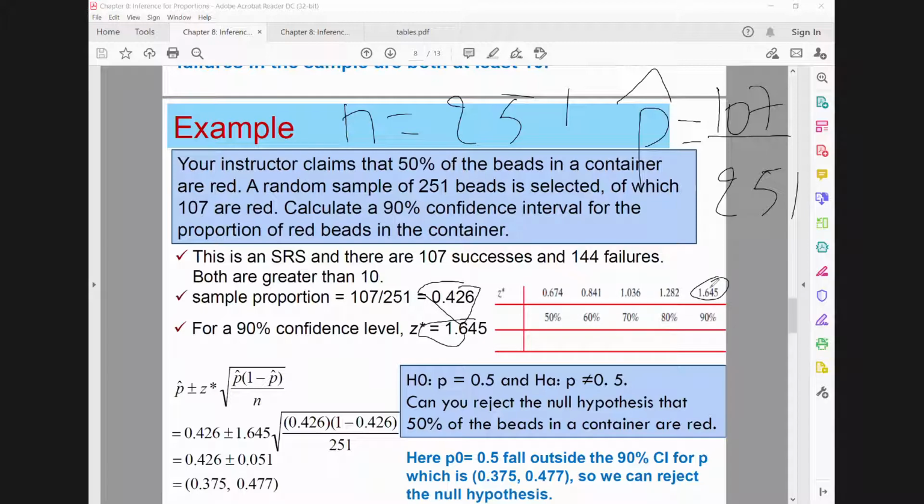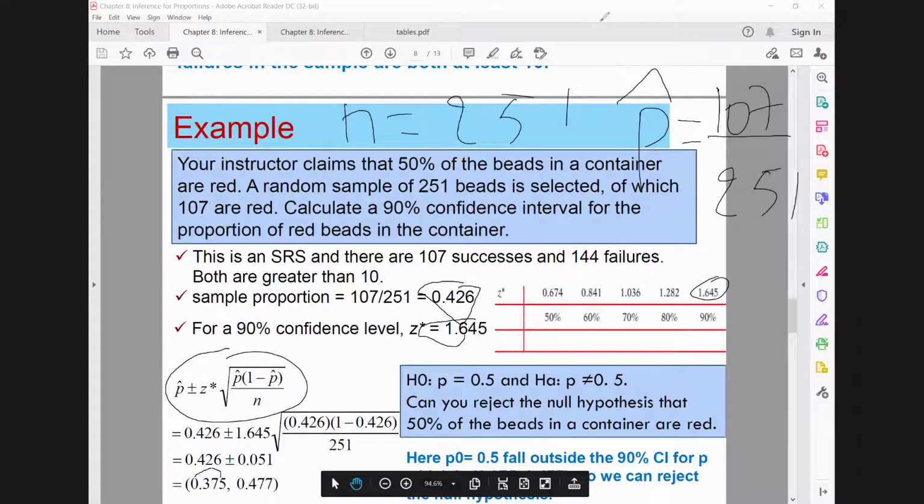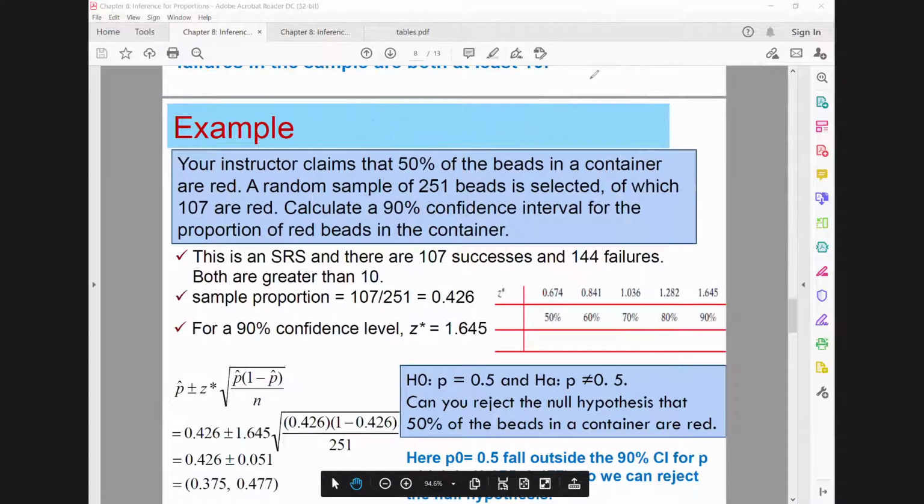Then we apply the formula, since we have all that is requested: p hat, z star, and n. After some computation, with minus we have 0.375, and with plus 0.477. To summarize, thanks to this sample, p is in this interval.